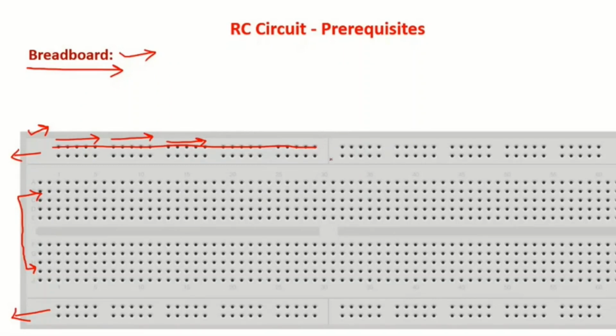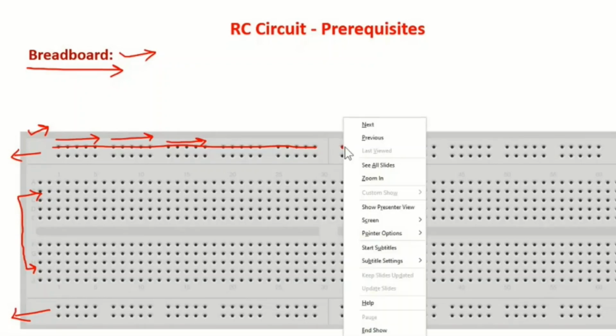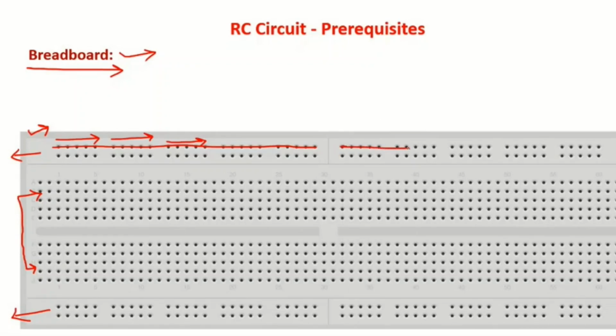And there is a break. Then again, from the middle to the right side, all the horizontal holes are connected to each other. They are electrically connected. In other words, they are shorted to each other.